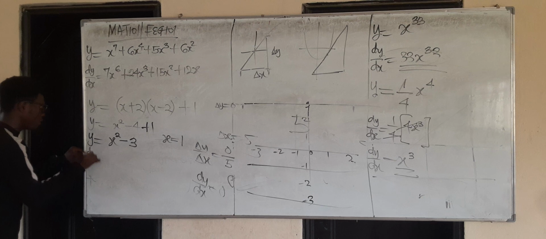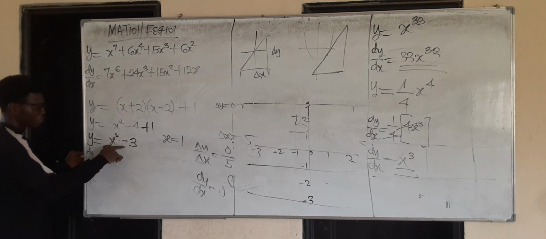So I now have dy over dx, the differential coefficient of this, equal to 2x minus 0.